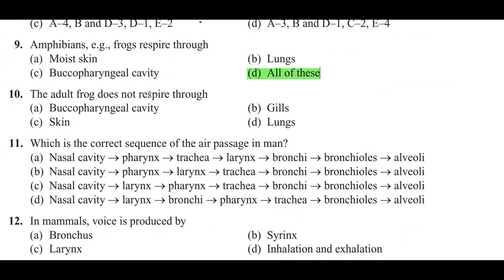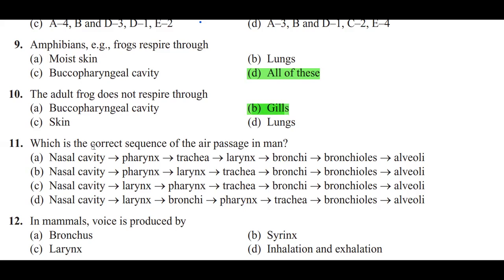The adult frog does not respire through: buccopharyngeal cavity, gills, skin, lungs. The option is gills.